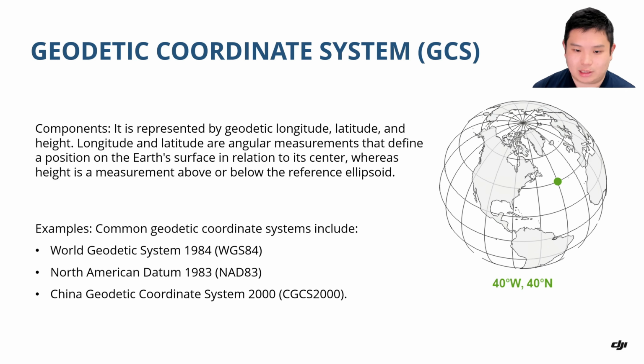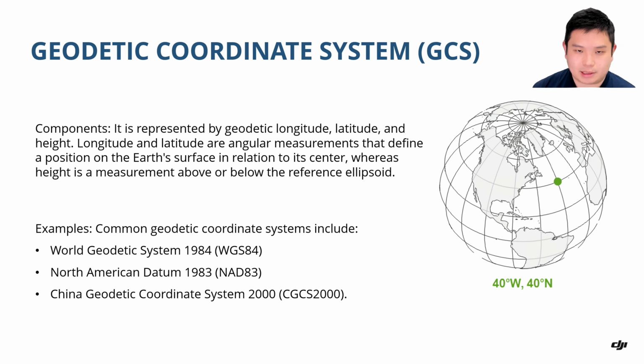Usually the coordinates of a geodetic coordinate system are represented in decimal degrees or degrees, minutes, seconds. For example, on the right side, that blue dot has a coordinate of 40 degrees west and 40 degrees north. That's the longitude and latitude, representing the angular measurement, and you'll be able to pinpoint the location on the surface of the ellipsoid based on these two values.